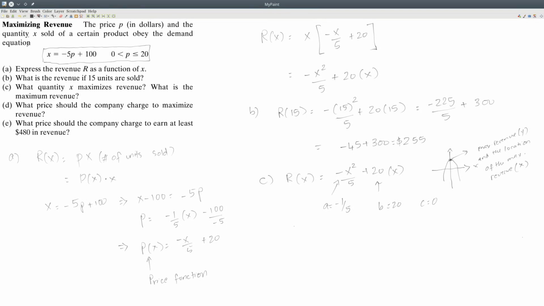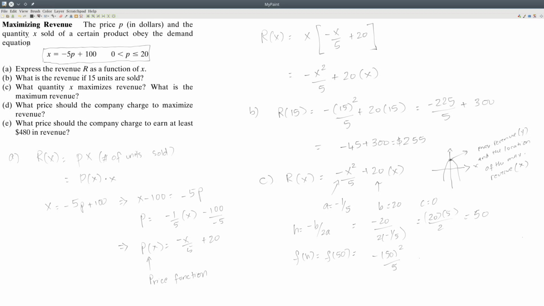So the formula for the vertex is minus b over 2a, that is the x value. So we have minus 20 over 2 times minus 1 over 5. The minuses would get cancelled, so you'd have 20 times 5 over 2, which would give us 50. Now f of h would give us the y value, so f of 50 would be negative 50 squared.